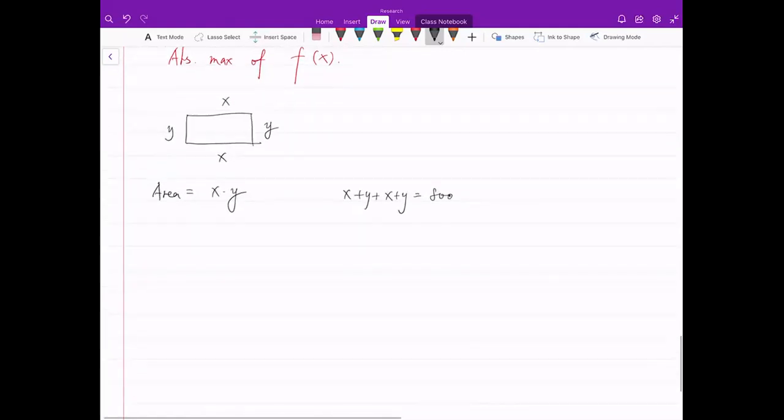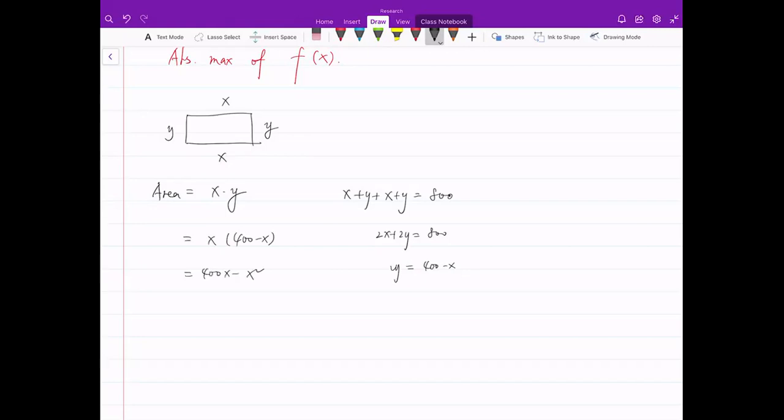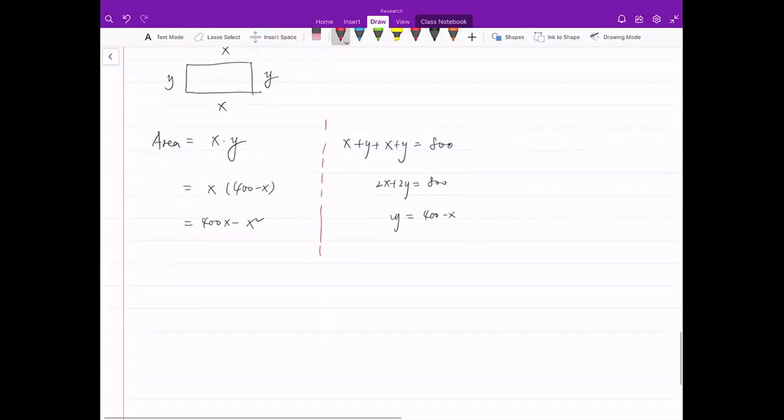Because you have a total of 800 fence, this gives you, therefore, your job is try to take a different value of x in order to maximize this function, 400x minus x squared.